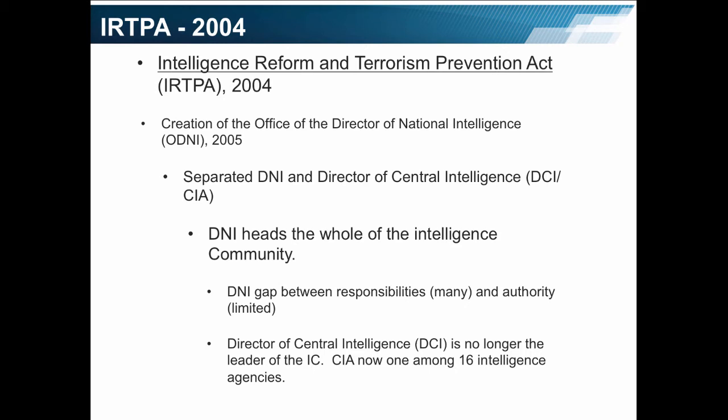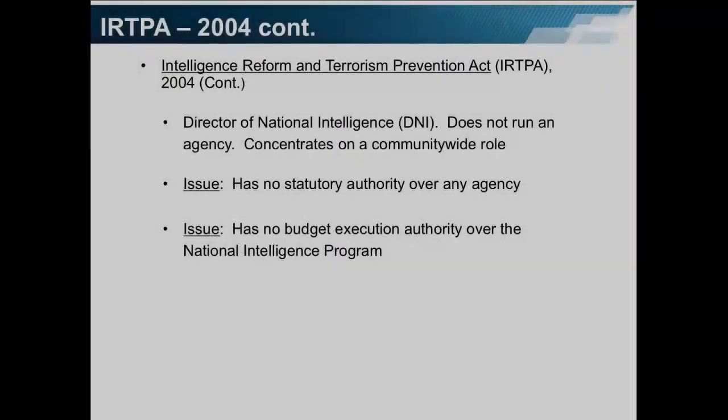However, the act created serious gaps in the DNI. The gaps are between the DNI's responsibilities, which are many, and the authority of the DNI, which is very limited. As a consequence of the act, the Director of Central Intelligence is no longer the leader of the intelligence community, because the CIA is now one among 16 intelligence agencies in the U.S.